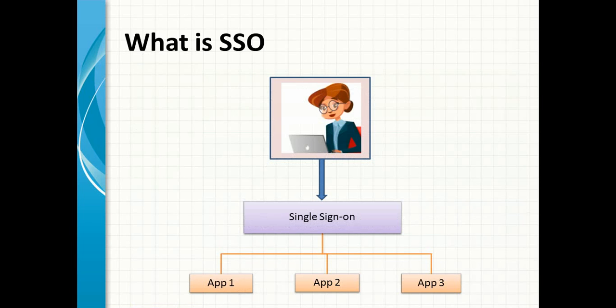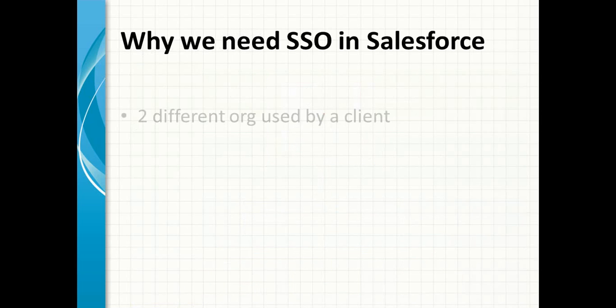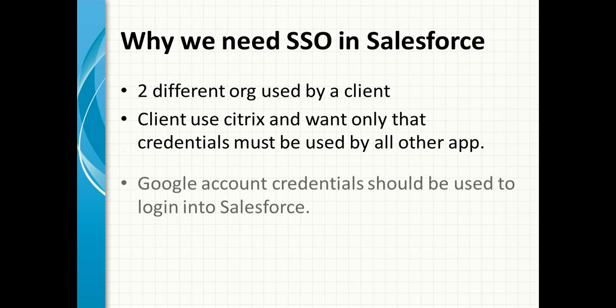It's obvious that it's hard to remember the credentials of those apps. So if we implement SSO at the enterprise level, then using only one credential, we can log in to any application to which we have access. So that is the basic idea about what SSO is.